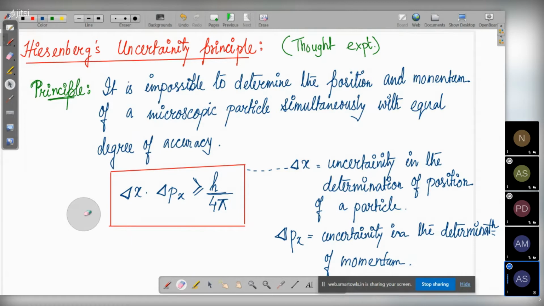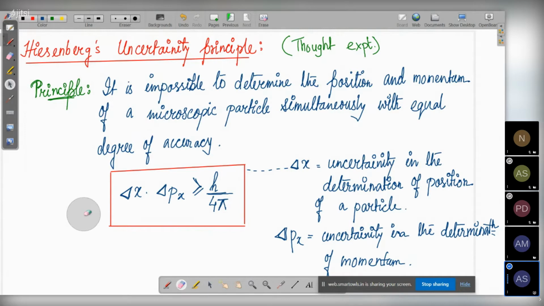And what do delta x and delta px mean? Delta x is the error in the calculation of position. If you want to calculate the position accurately, an error of delta x will always come. Again, think about delta px. Delta px is the error in the momentum, the error that you will get while calculating the momentum.